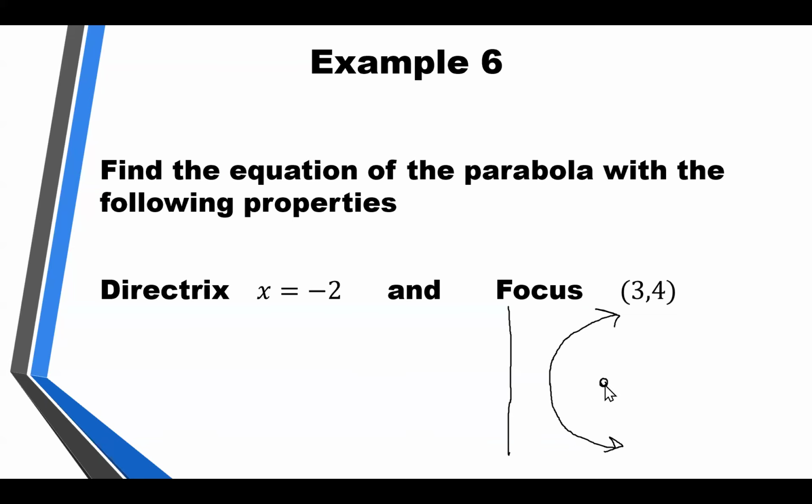Since my parabola points to the right, I know what kind of form we're going to have. We're going to have the (y minus k) squared form. And also, since the directrix is p units away from the vertex, and the focus is p units away from the vertex, I can see that the vertex is going to have the same y value as the focus, but the x value is going to be halfway between the directrix and the focus.